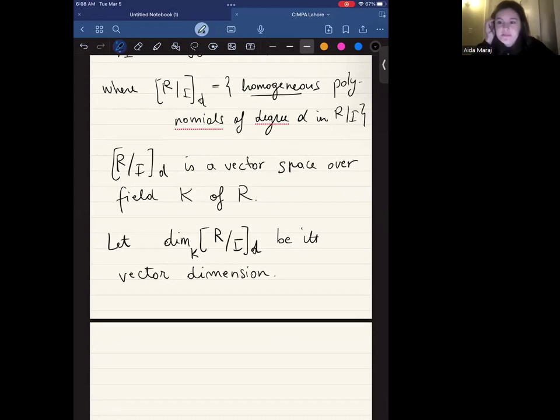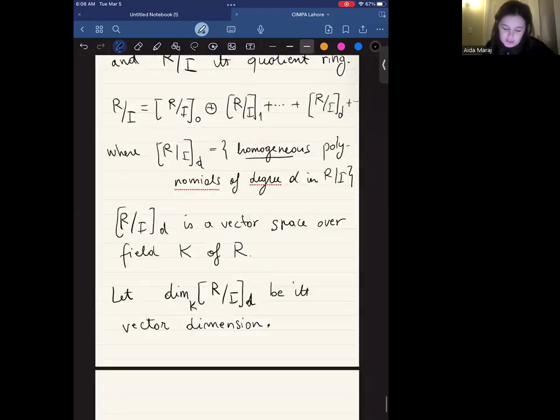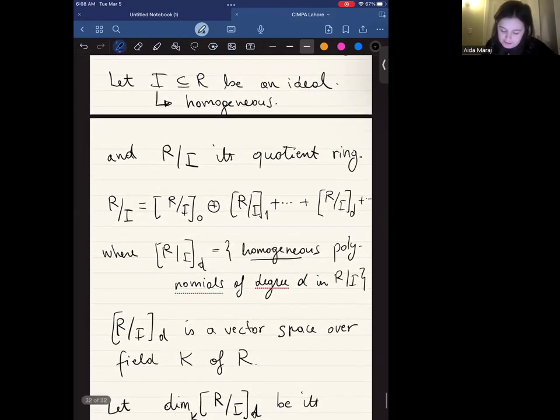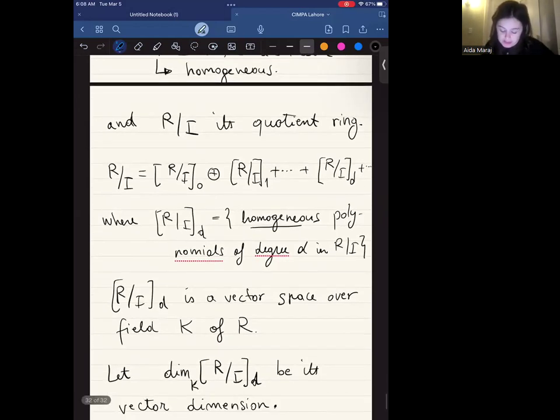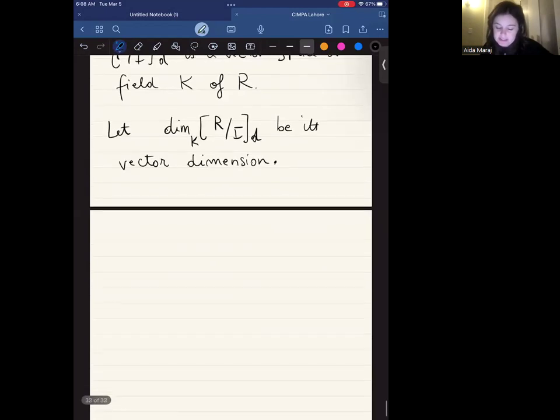So the point is we have this decomposition here, and each of these pieces is a vector space, and we can record the dimension of each of these vector spaces in a series.